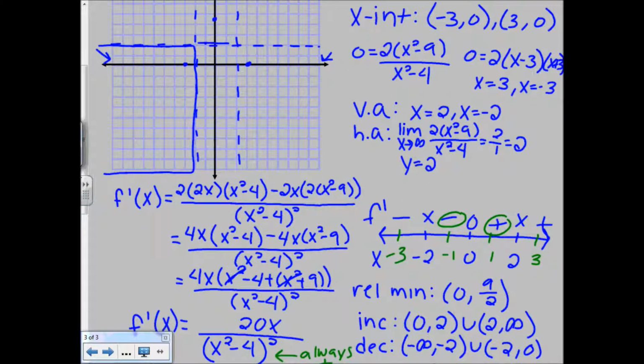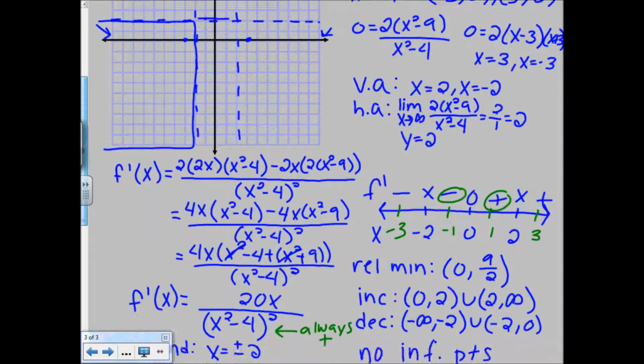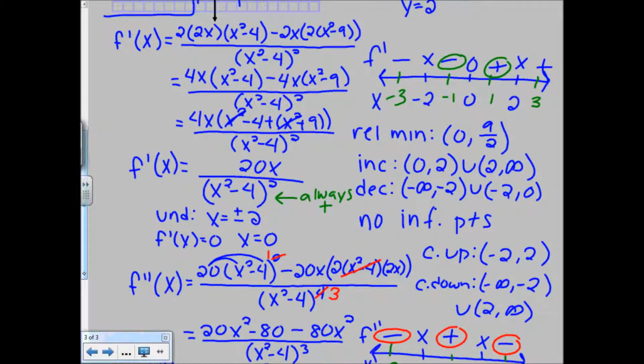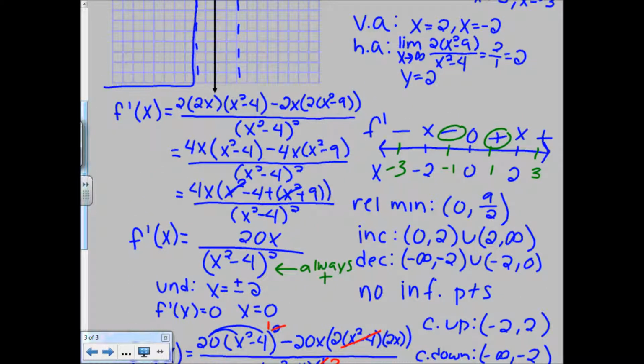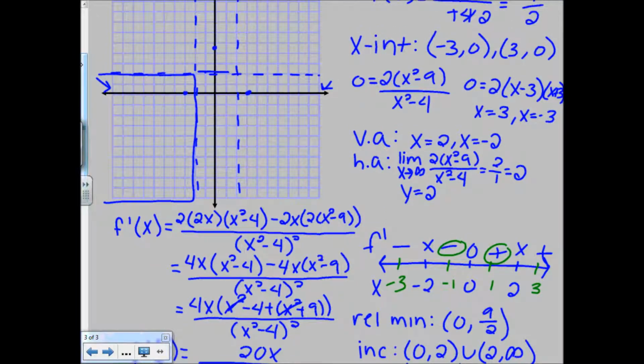We found out that we were decreasing from -infinity to -2. We were also concave down. So that means we need to draw a curve in here that is going to approach that horizontal asymptote and approach the vertical asymptote that meets the decreasing and concave down.